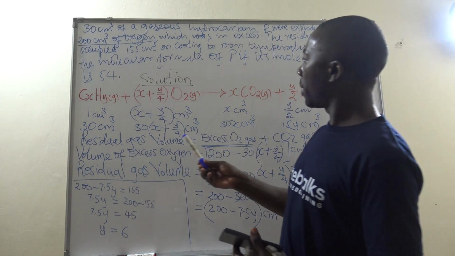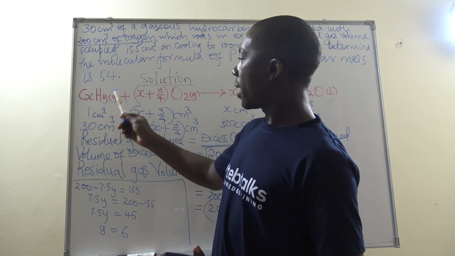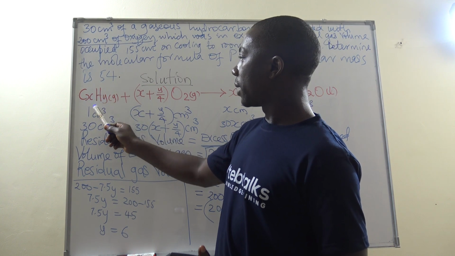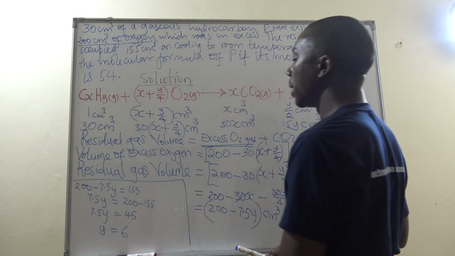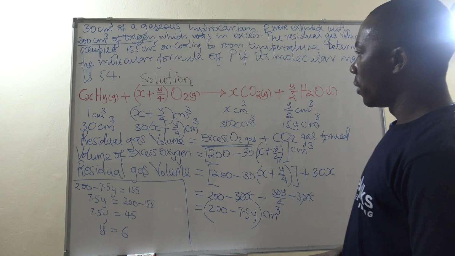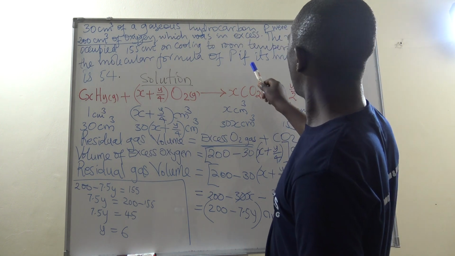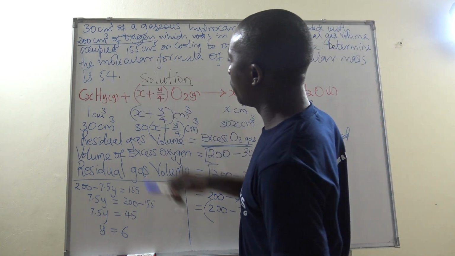But I want us to remember that the hydrocarbon has unknowns of x and y, and one of them has been determined. After determining one of them, we can go ahead and determine the remaining unknown. We remember that we said determine the molecular formula of P if its molecular mass is 54.